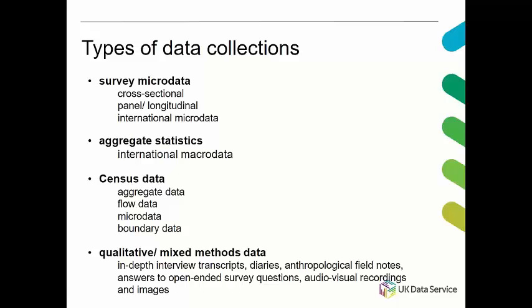Third, we hold census data, and here we distinguish between aggregate data, flow data, microdata, and boundary data. And fourth, we hold qualitative and mixed methods data. And by this, I mean in-depth interview transcripts, diaries, anthropological field notes, answers to open-ended survey questions, audio-visual recordings, etc.